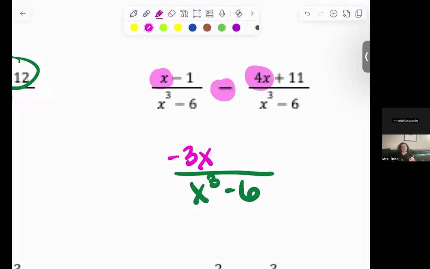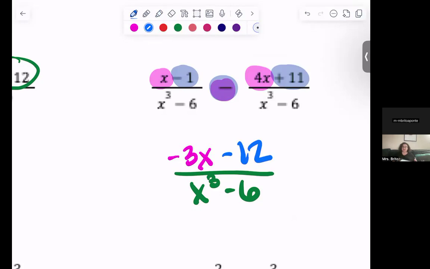But I have to remember that I have a negative 1 minus 11. It's not negative 1 plus 11, it's negative 1 minus 11. And negative 1 minus 11 is, you know, negative 12.